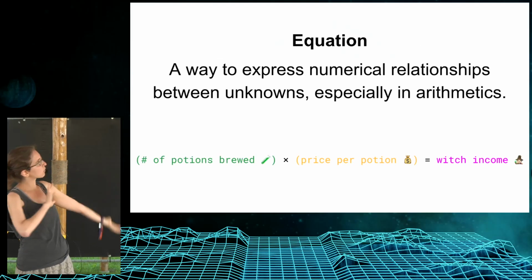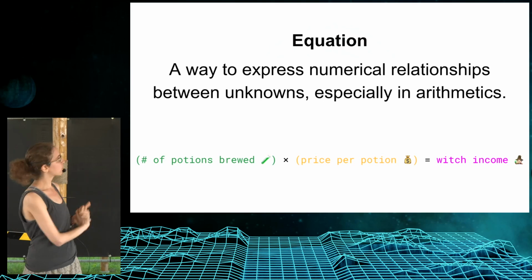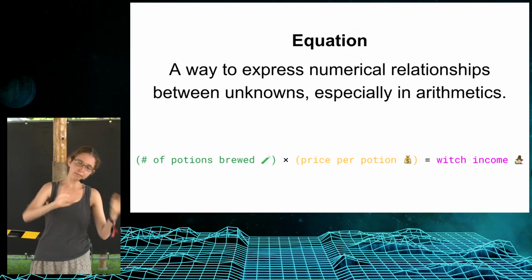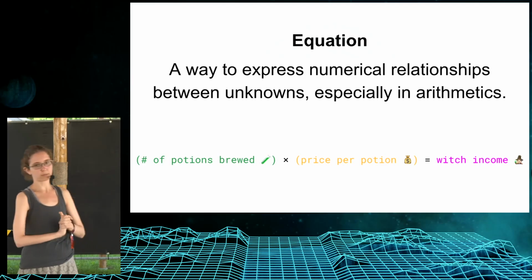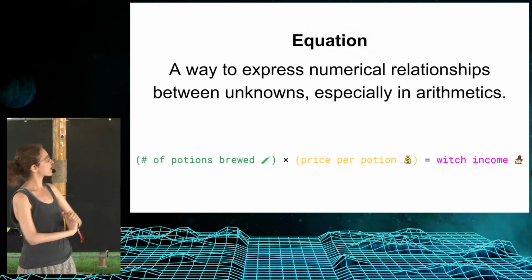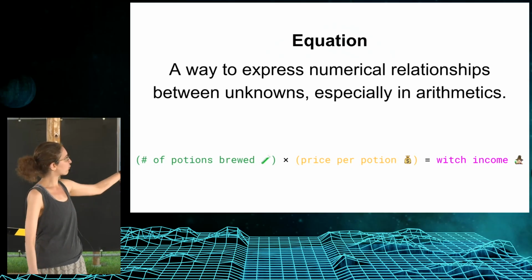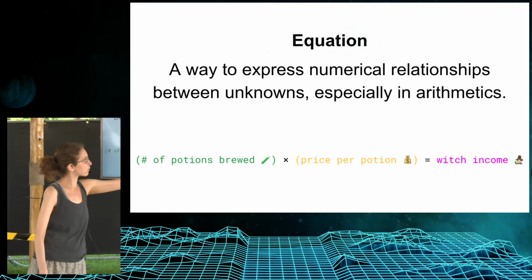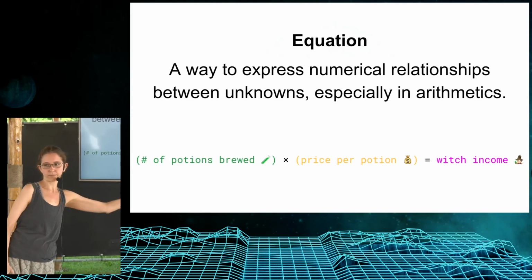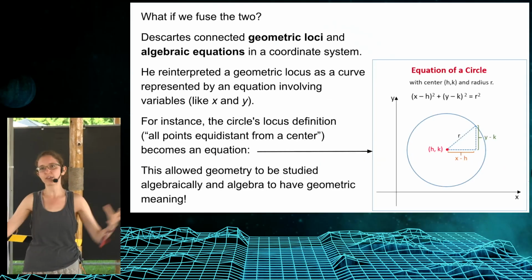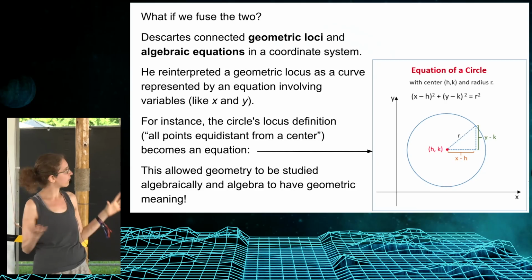And then you can think about equations. Equations are many things, but one of the ways to think about equations is as a way to express a numerical relationship. For example, number of potions brewed multiplied by price per potion equals the wage income. So this is sort of an equation, yeah?